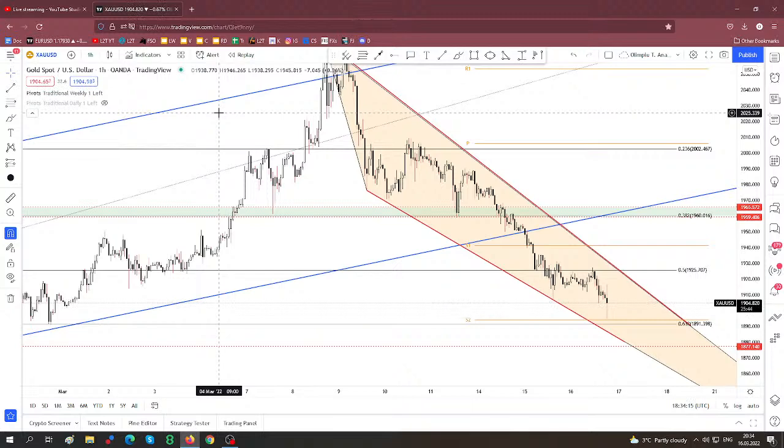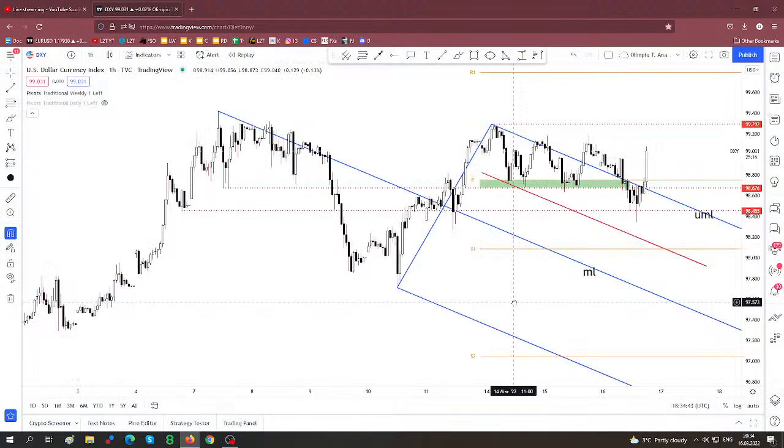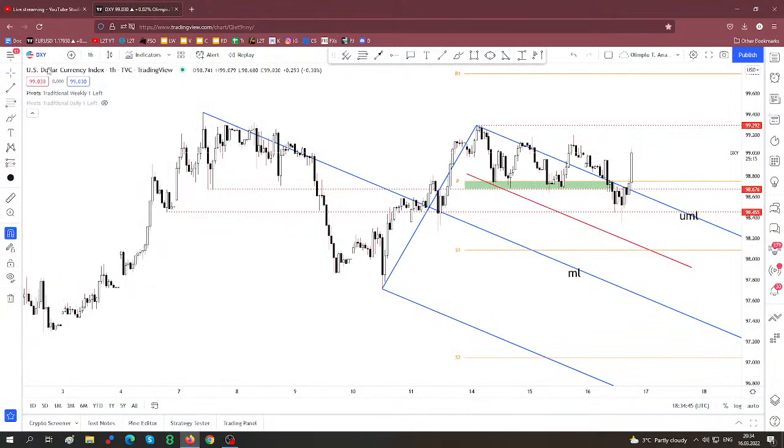A hike in the federal funds rate will be reasonable in the future. So yeah, inflation continues well above the long run target of 2%. DXY, yeah, the dollar index is strongly bullish. Strongly bullish.